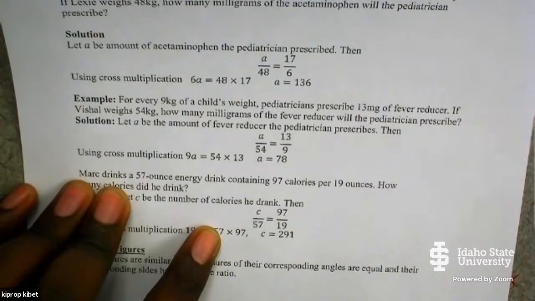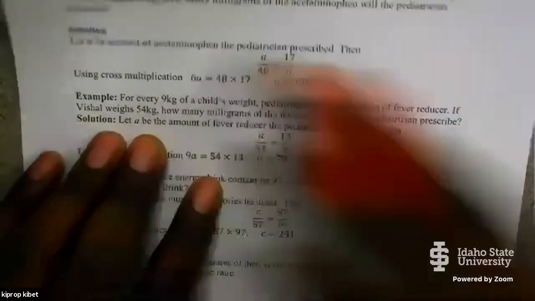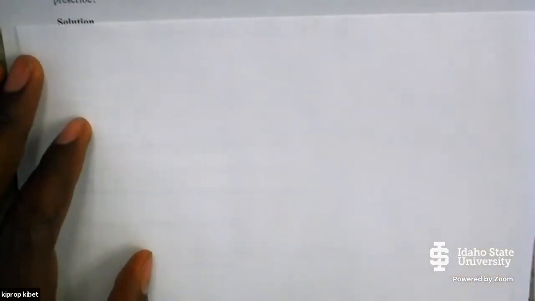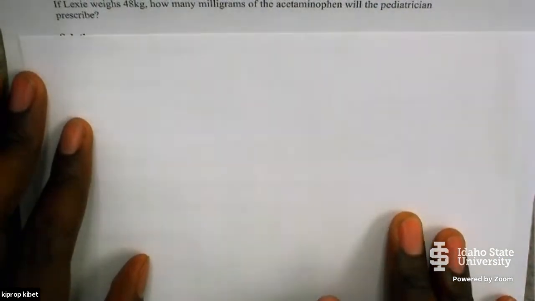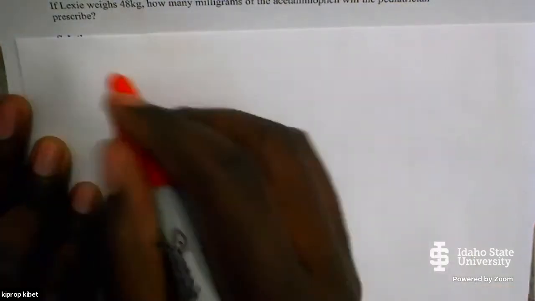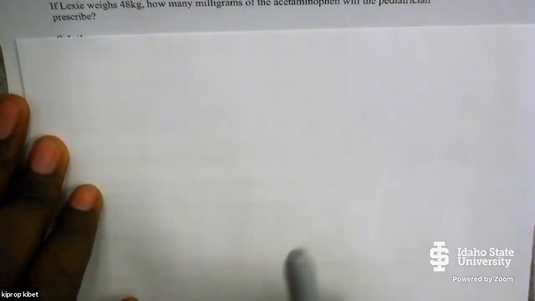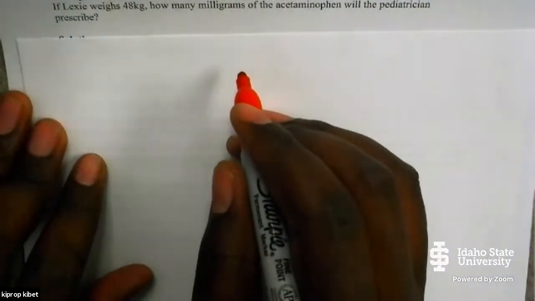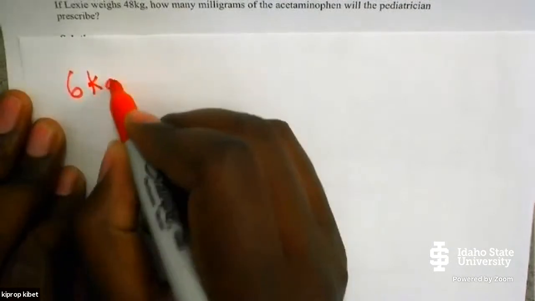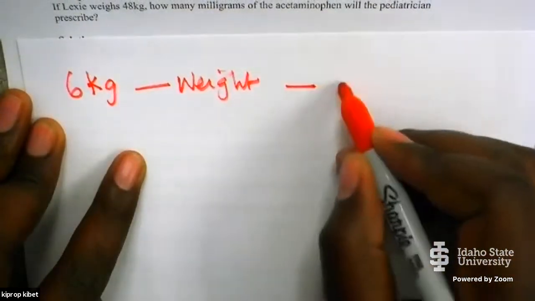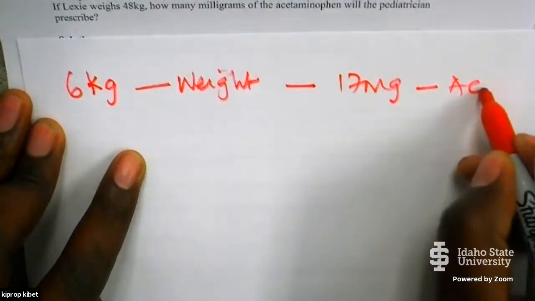So in this case, we use the proportion. Here it says for every 6 kg of weight, this is the weight of the child, they prescribe 17 mg of the medicine.